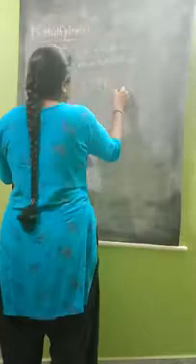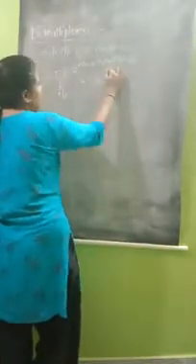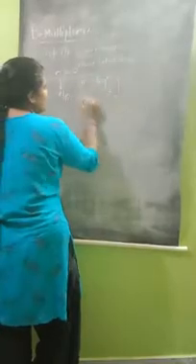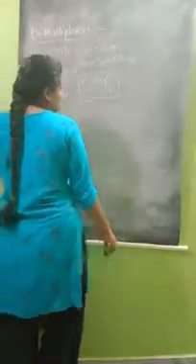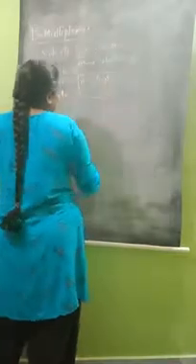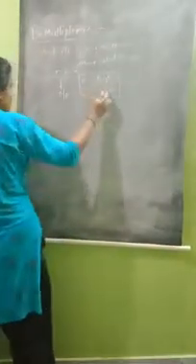How do we calculate the select lines? By using this formula: m equals log base 2 of n.